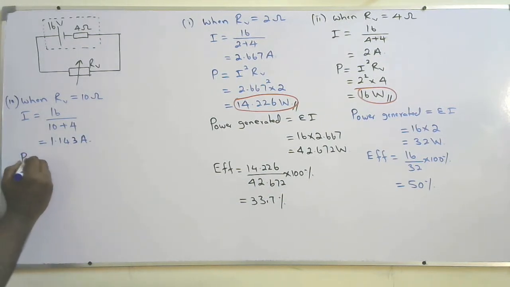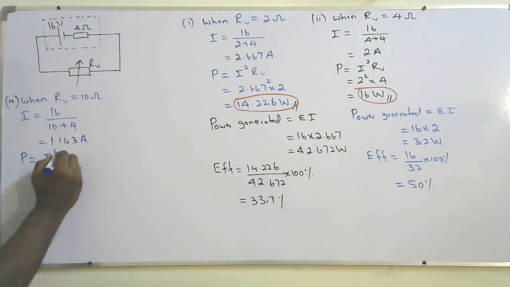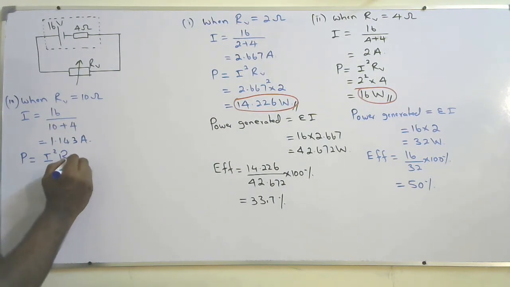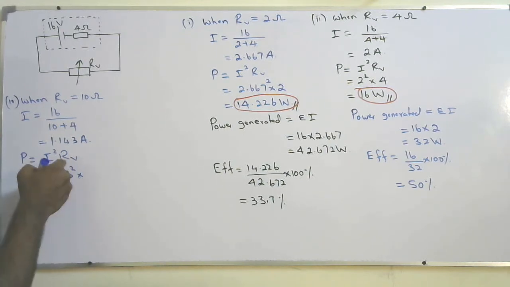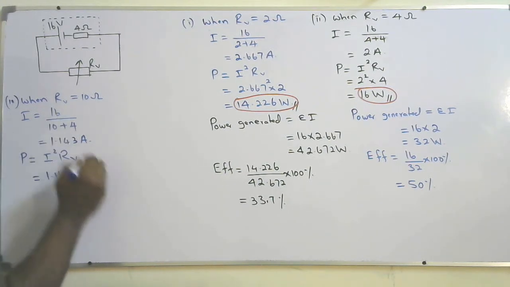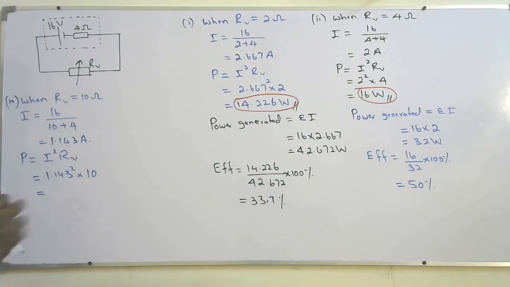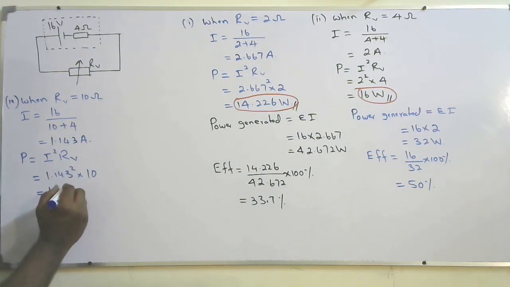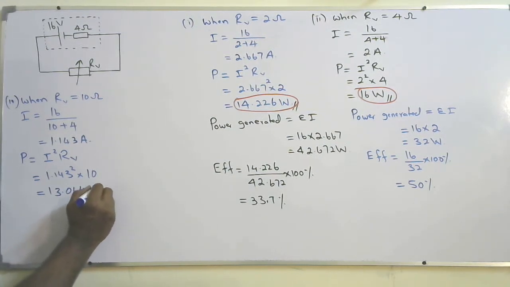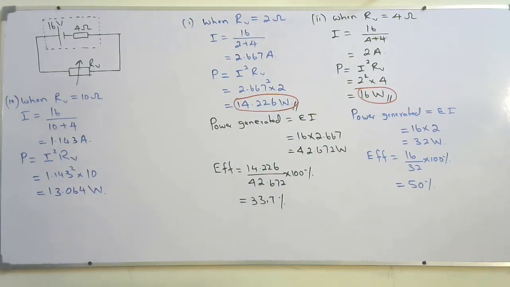So power transfer to the external circuit will be I squared RV, that is 1.143 squared into 10 ohms. That will be 13.064 watts.